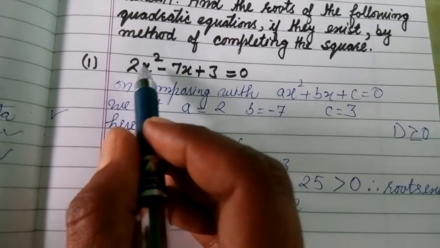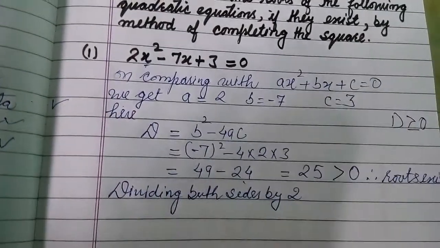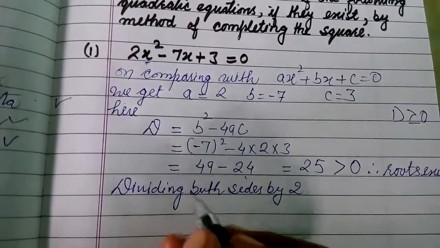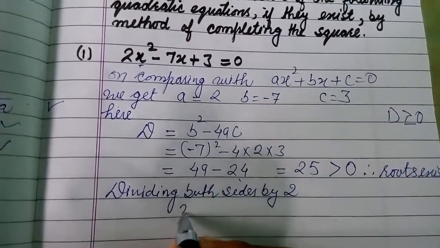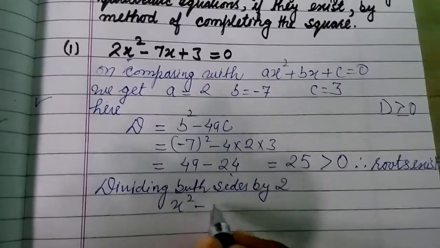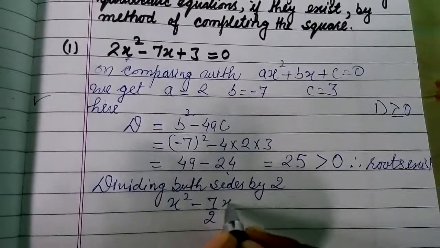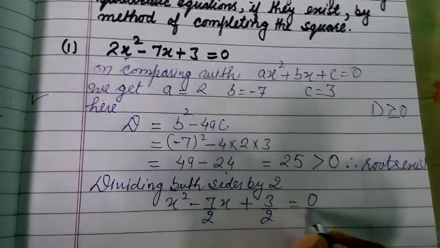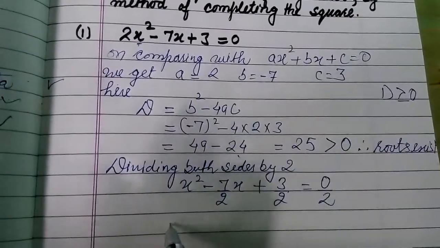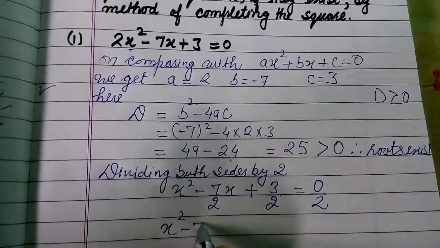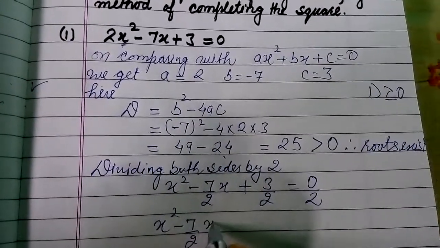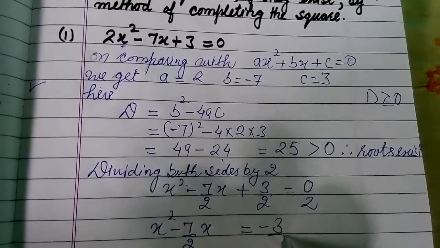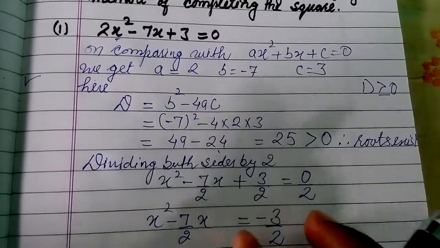There should be no coefficient multiplying this x square. So when I divide, I get x square minus 7 by 2x plus 3 by 2, which is equal to 0 by 2. Simple. And further, x square minus 7 by 2x is equal to, now this plus goes to that side, it will be minus 3 by 2, because 0 by 2 will be 0.